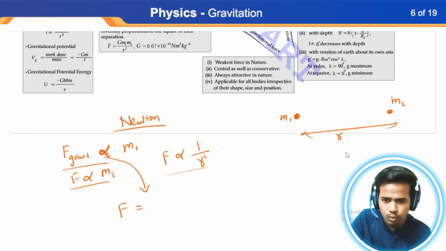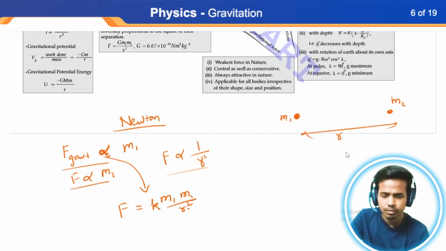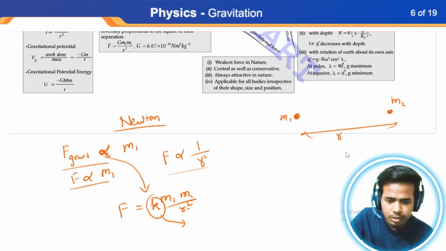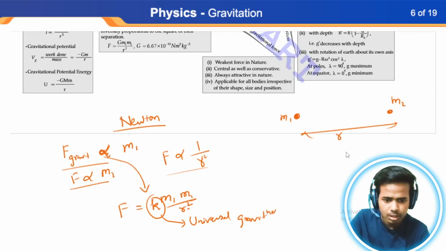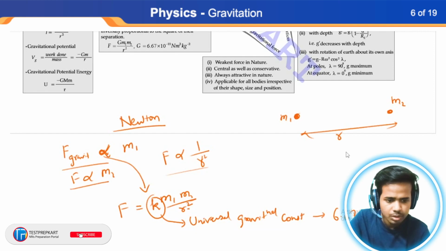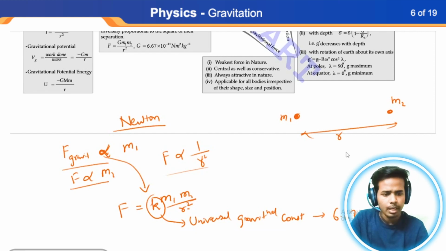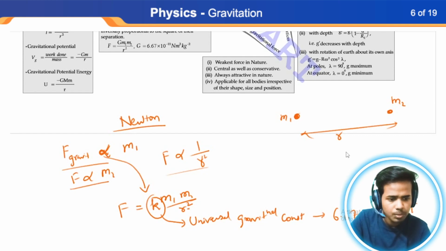What we get is F is equal to k m1 m2 by r square, and this k is actually called the universal gravitational constant, and it has a value of 6.67 into 10 to the power minus 11, and the unit is Newton meter square per kg square, because it is relating something in the order of Newton, these two multiplied as kg square and this multiplied as meter square.